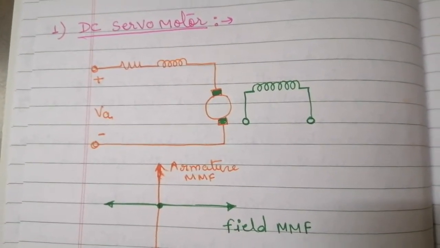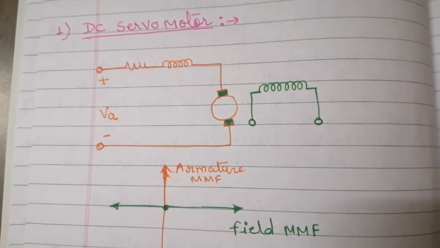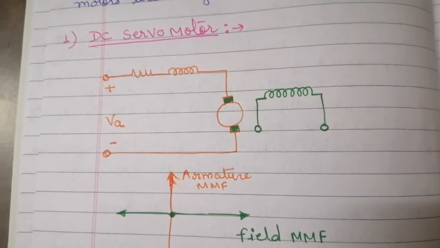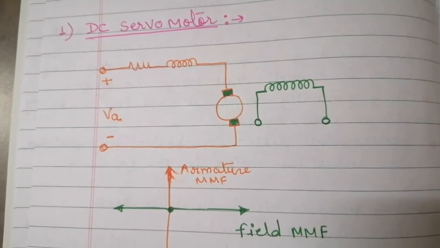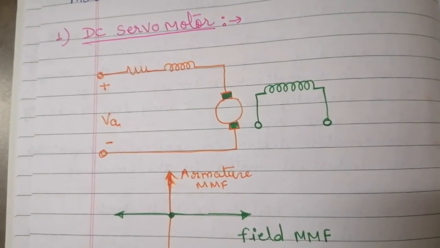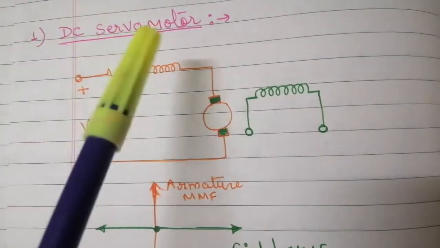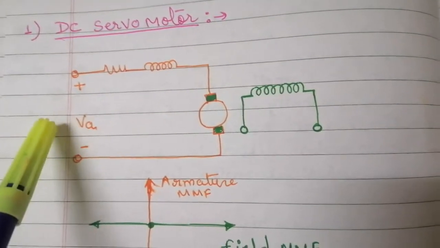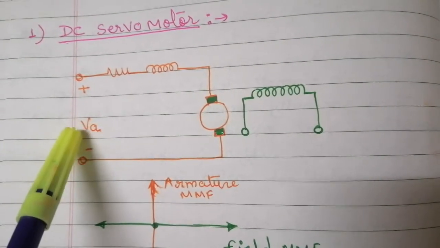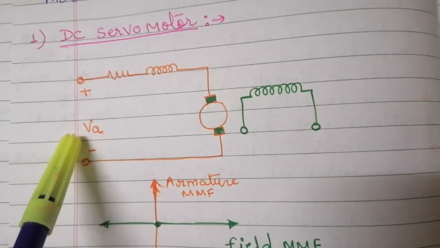A DC servo motor is basically a separately excited DC motor, or it may be a permanent magnet DC motor. The speed of the DC servo motor is normally controlled by varying the armature voltage, because this armature voltage can be varied very easily, and by varying this voltage the speed of the motor can be controlled.